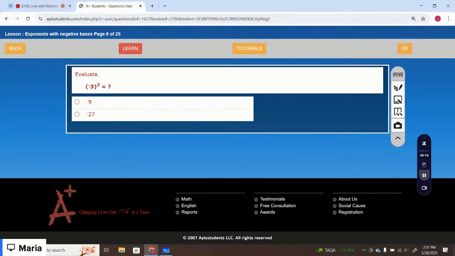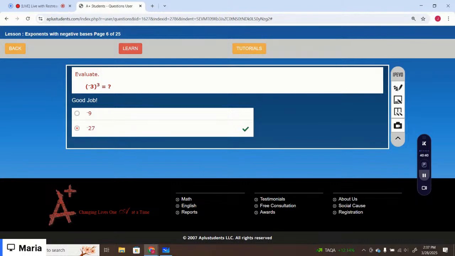Negative 3 cubed, which is the correct option? Negative 27. Option number 2 is the correct option.